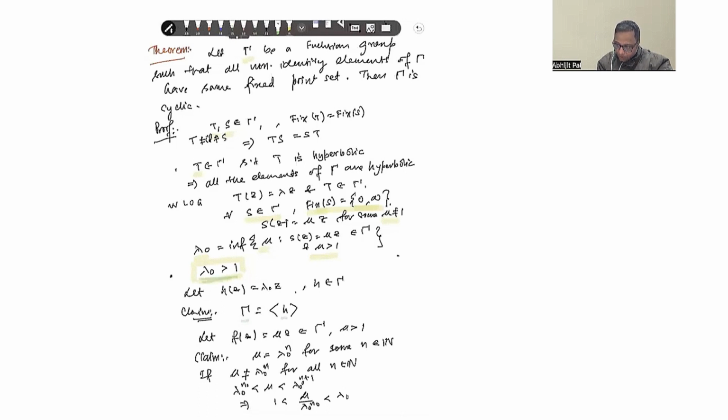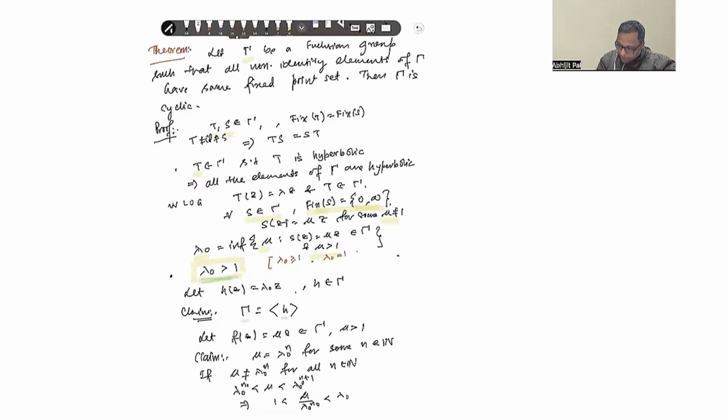First of all, note that because lambda naught is the infimum of all those mu greater than 1, it has to be greater than or equal to 1. Now I have to rule out the case that lambda naught is equal to 1.